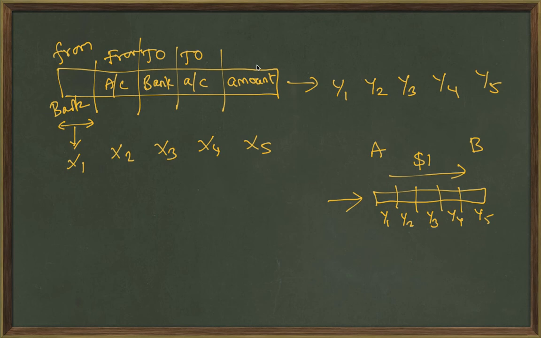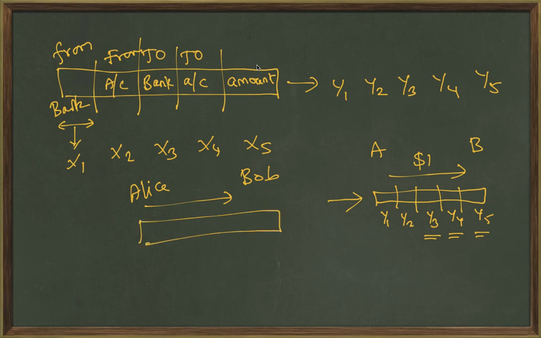So I know that this is my bank, this is my account, and this is my amount. Later, at some point of time, Alice and Bob are transferring money. You intercept the ciphertext. In this ciphertext, there are the Y3 and Y4 blocks. You remove those, and you cut and paste your Y3 and your Y4 here.